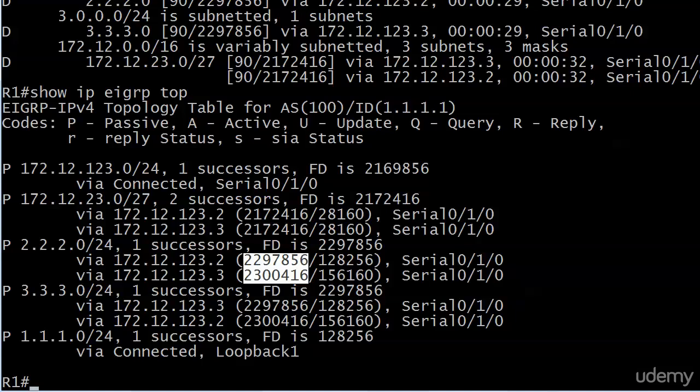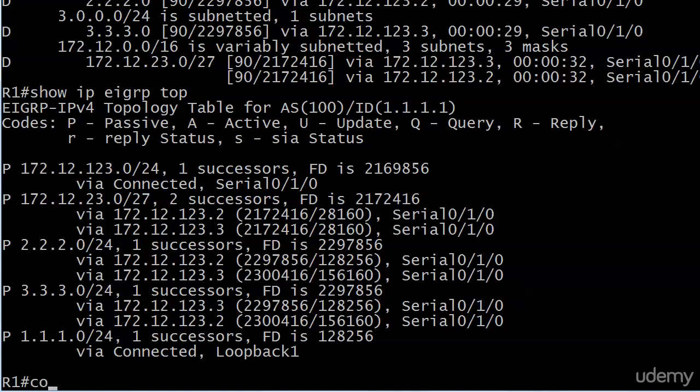We have one of 230.0416 for the feasible successor. So with a variance of 2, this is what's going to happen. Any route to router 2's loopback that has a feasible distance of less than 229.7856 times 2 is going to go into your routing table. Well, 230.0416 certainly qualifies for that.